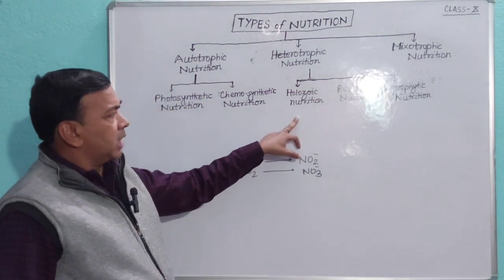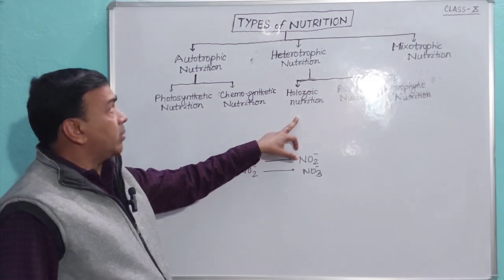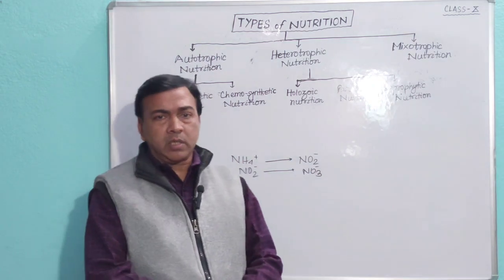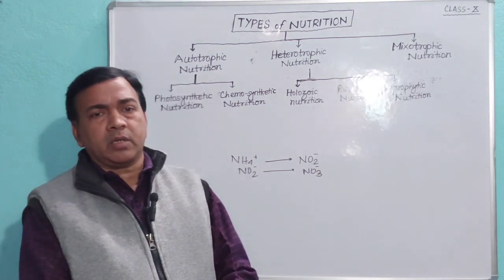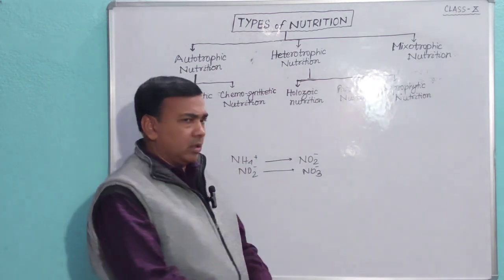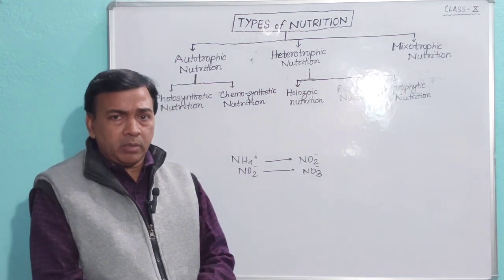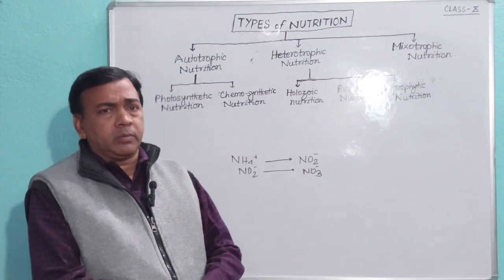So we will first describe holozoic nutrition, which is a type of heterotrophic nutrition. So holozoic nutrition is a type of heterotrophic nutrition in which organisms get their food from other living beings by killing them.